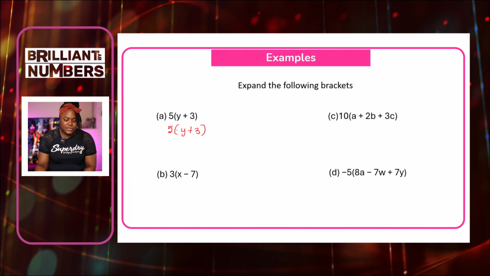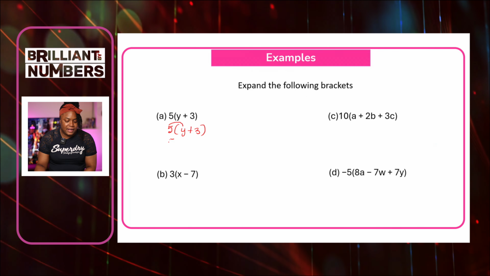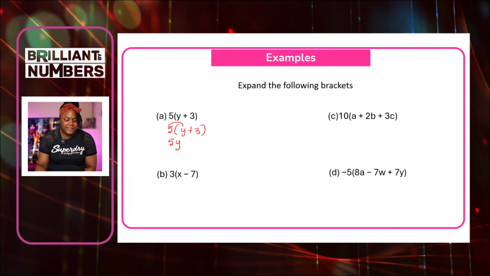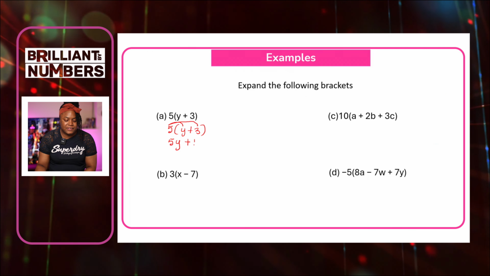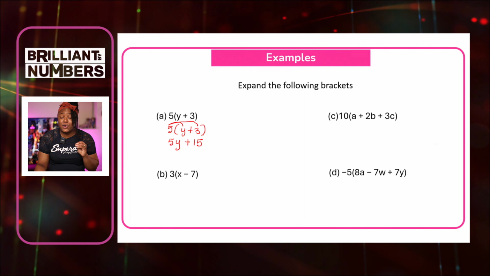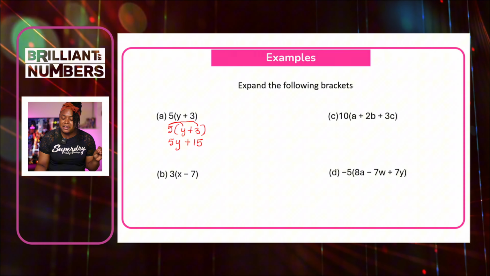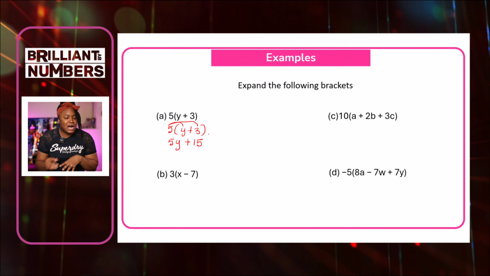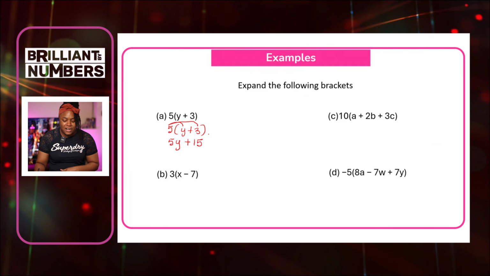So what I need to do is 5 times y, which gets me 5y, and 5 times positive 3 gives me positive 15. Now, there are no like terms here because I've got a variable term and also a constant. So a letter term and a number term are not like terms at all. So that is my final answer.